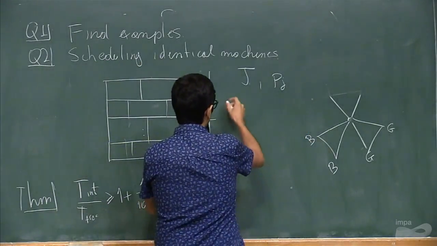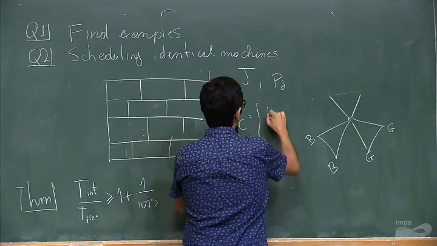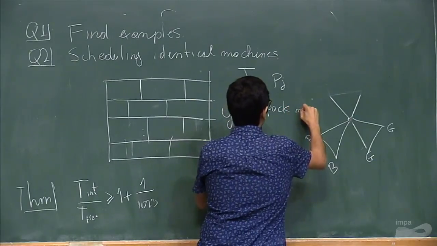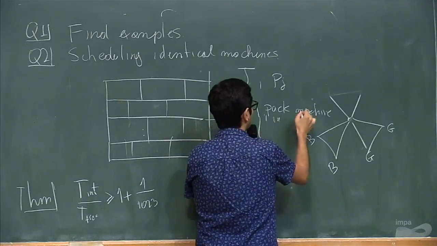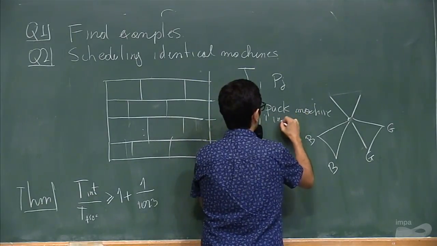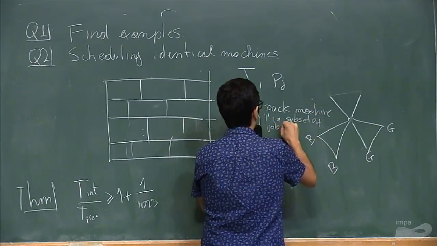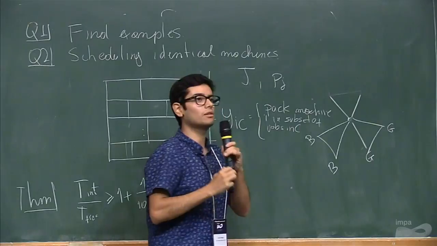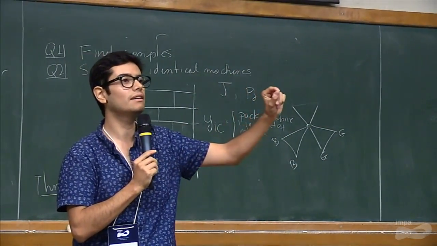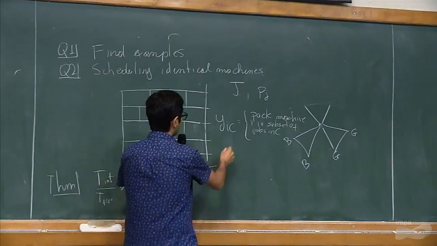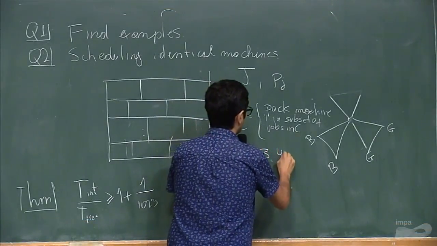So you have variables y_{i,C}, which is: I pack machine i with, let's say, a subset of jobs C. So let's say you say, I will pack jobs 1, 3, 4, and 7 in machine i, then C would be 1, 3, 4, 7.